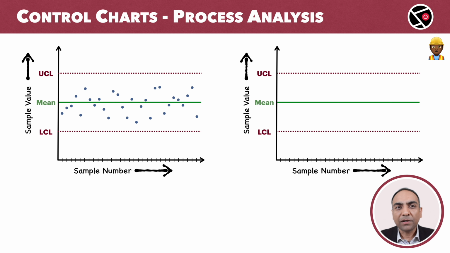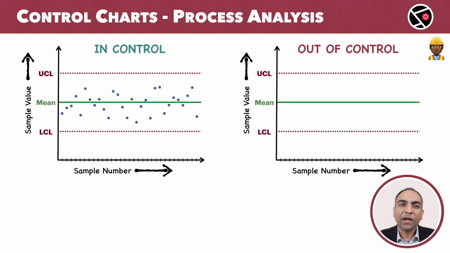The control chart on the left represents an in-control process. In simple words, a process that is working as expected is an in-control process. The opposite will be an out-of-control process, a process that misbehaves and whose output is not as expected. I will use the control plot on the right to explain further.